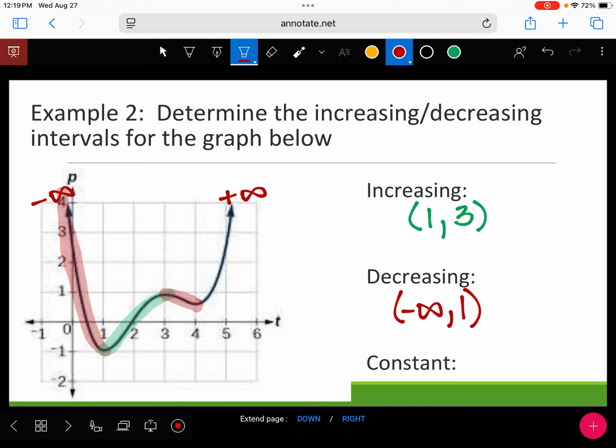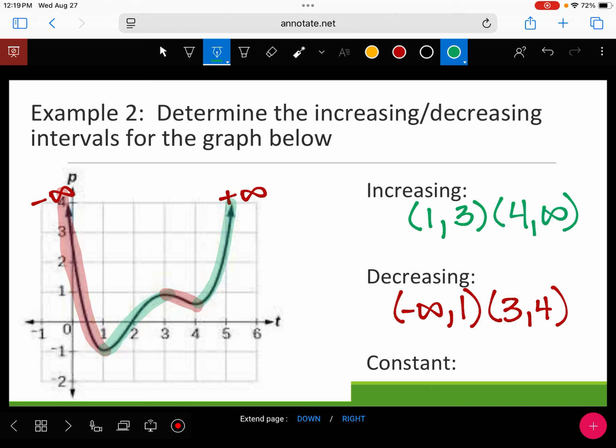Now, what would you write for your decreasing interval? 3 to 4. And then starting at 4, 4 to infinity is going up again. Was this graph ever constant? No.